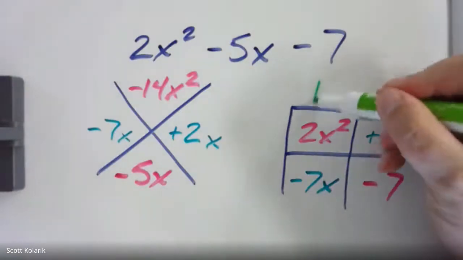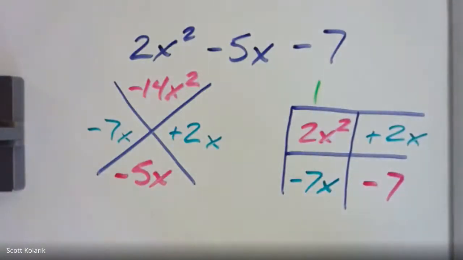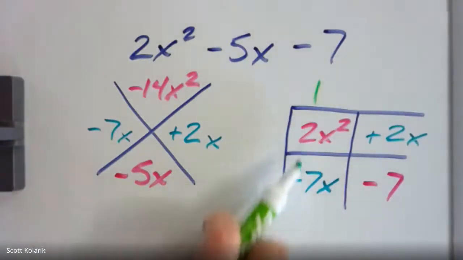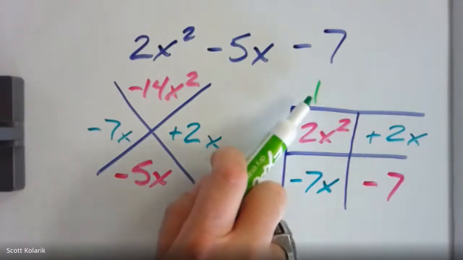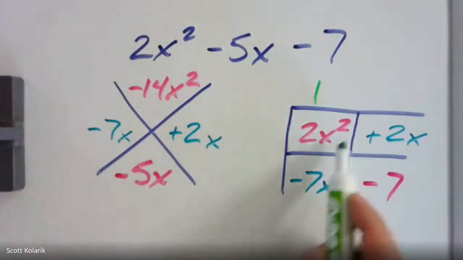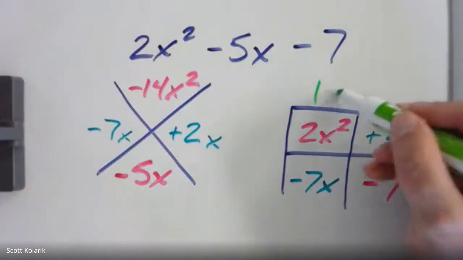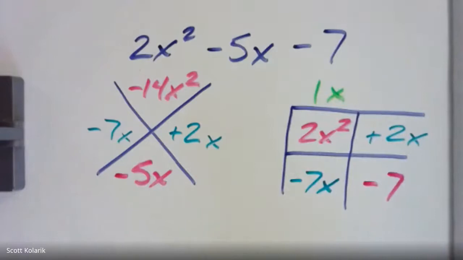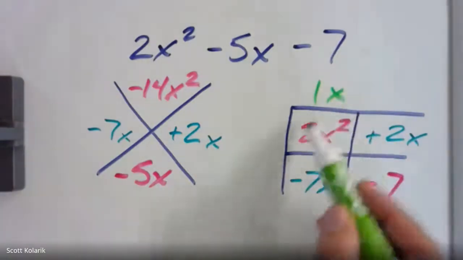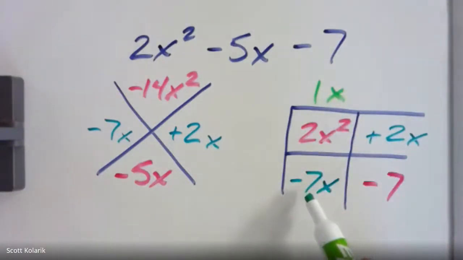There will always be a common factor. If there is no other common factor, the common factor is just 1, right? So now my letters, x squared and x. Well, they both share an x in common. So I have 1x as the greatest common factor in this first column.